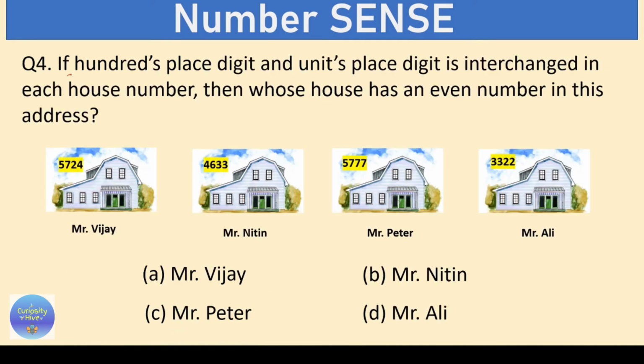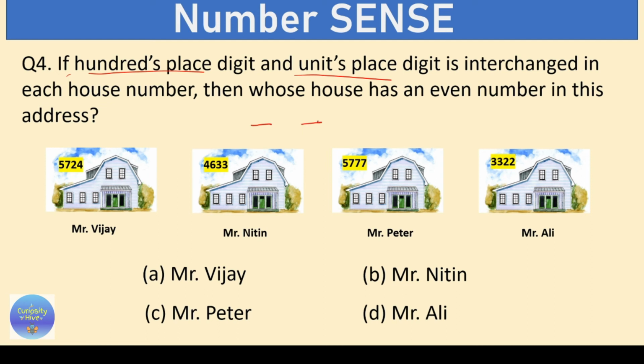Next question. If hundreds place digit and units place digit is interchanged in each house number, then whose number has an even number in this address? So two things we need to do. First, we need to find the units place and hundreds place.